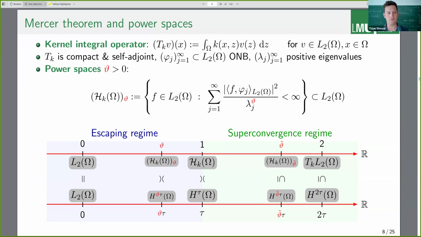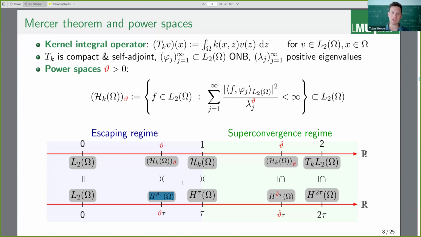Now, if we go to the left-hand side, we see the space L2, and we have these two red arrows, which are either the scale of power spaces, and on the bottom, the scale of Sobolev spaces. We simply have the power spaces here on the top, while we have the corresponding Sobolev spaces with reduced smoothness on the bottom.